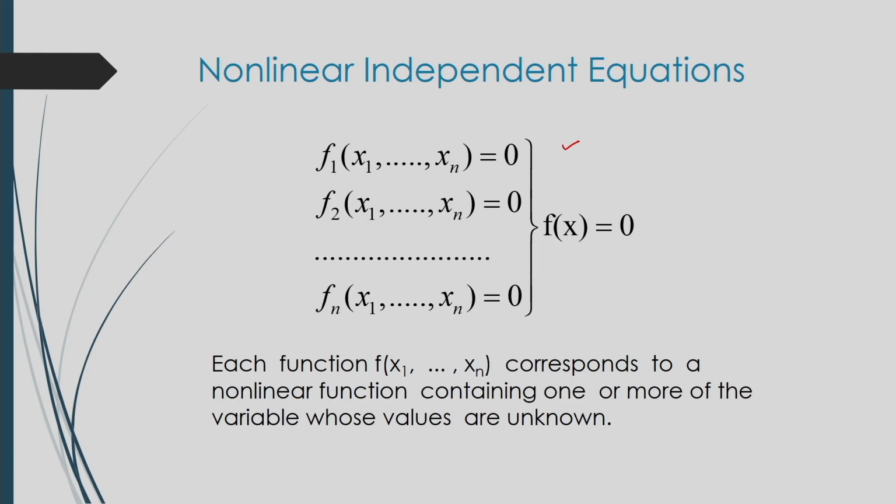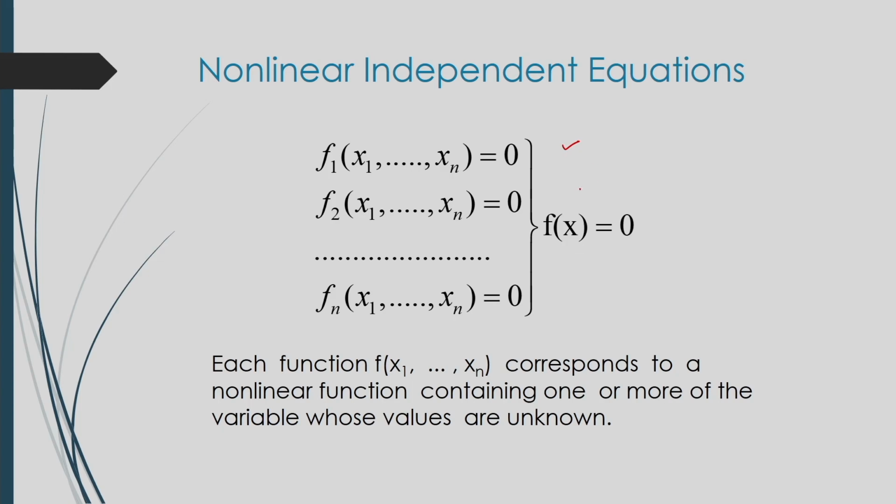Similarly, there may be more than two equations in the analysis of a chemical engineering process based on the material balance equation, and we can recognize this set of nonlinear equations as f of x equals 0.